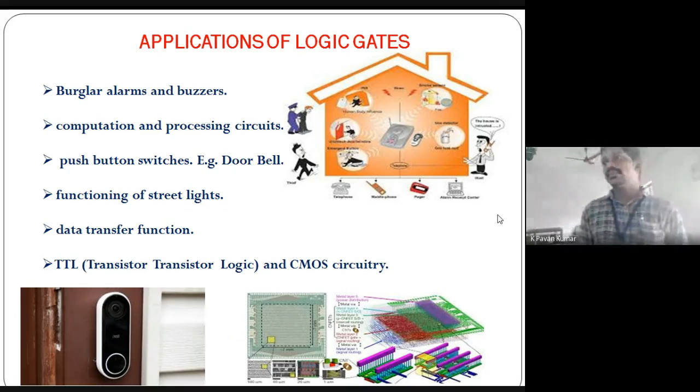Functioning of state lines, data transfer function, and TTL. TTL is a logic family, transistor logic, and CMOS circuitry. CMOS means complementary metal oxide semiconductor circuitry. These are some important applications in daily life that use logic gates.